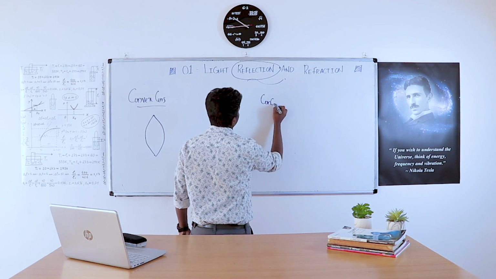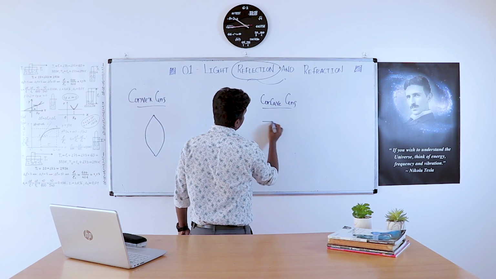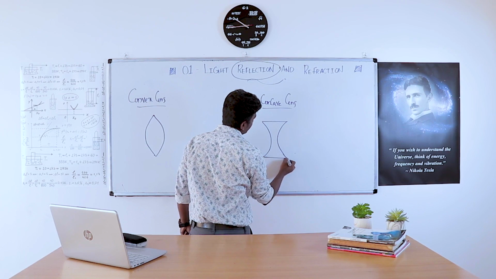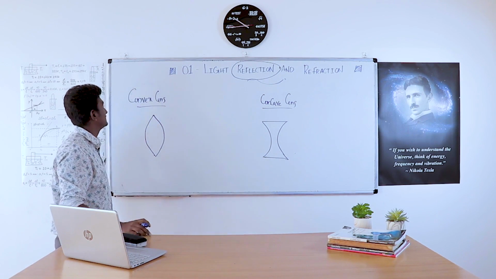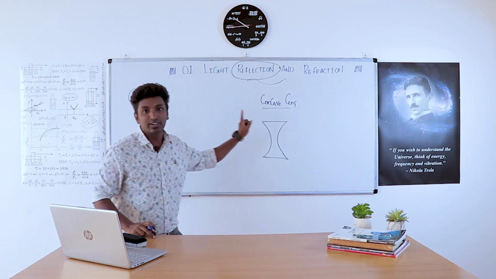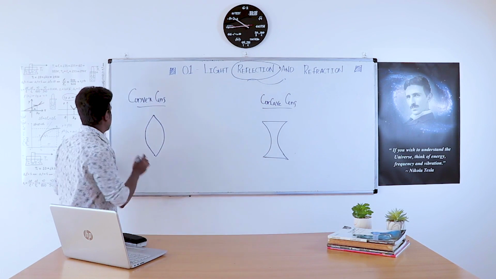And if the refracting surfaces are curved inwards, then it is a concave lens.